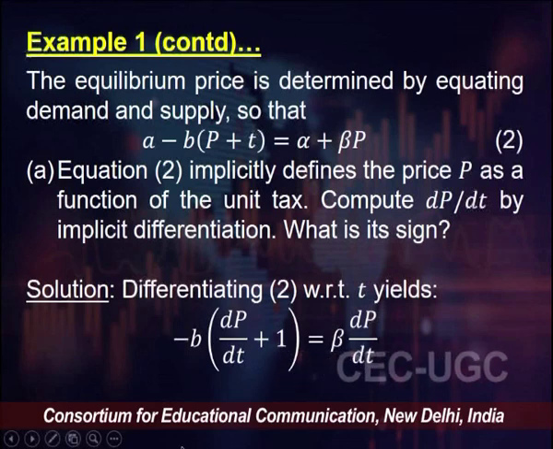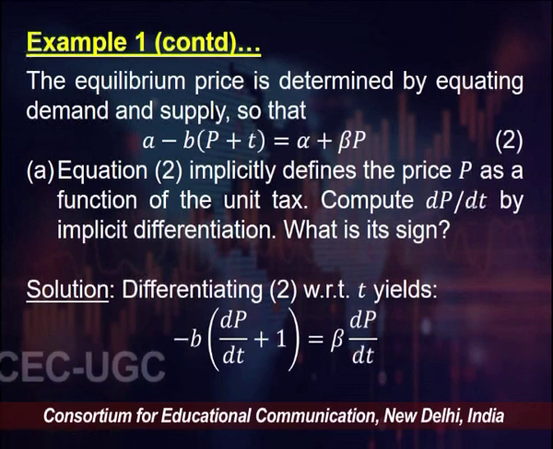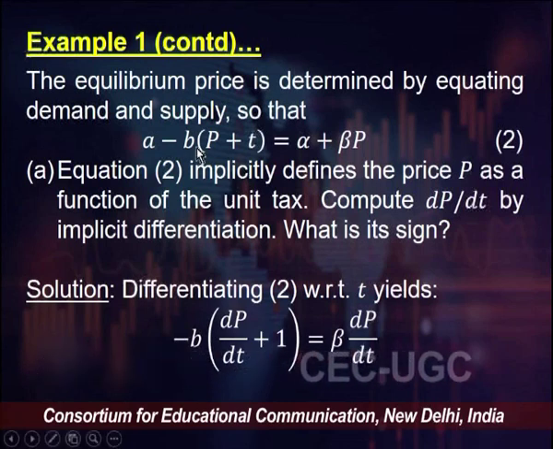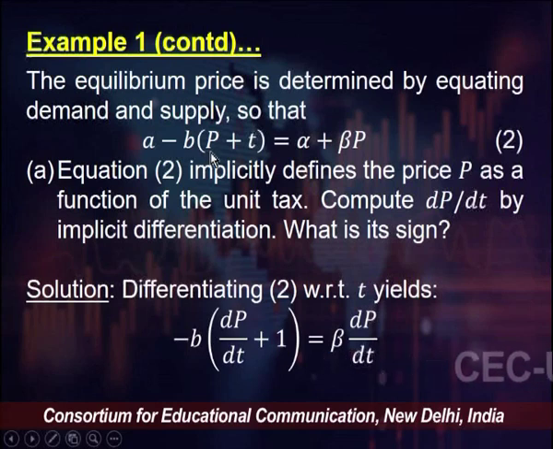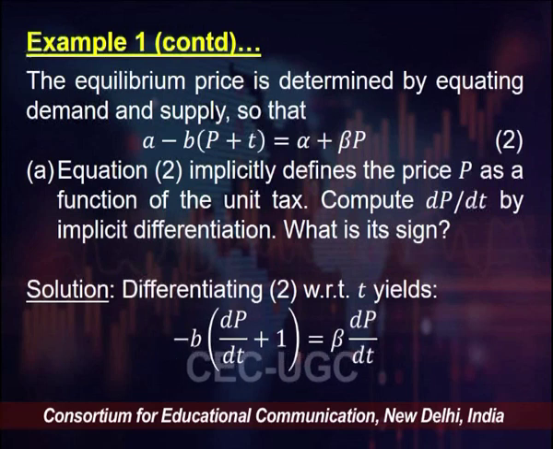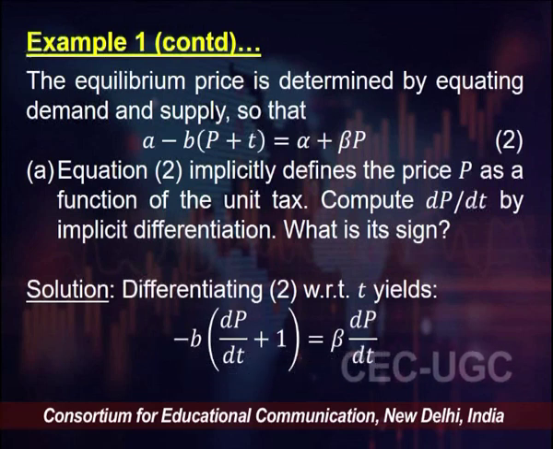We have the equilibrium price, which is given by equating demand after tax with the supply. The demand function after tax is given by A minus B times P plus T, which is then equated to alpha plus beta times P. This determines the equilibrium price P star, or we're just calling it P here.